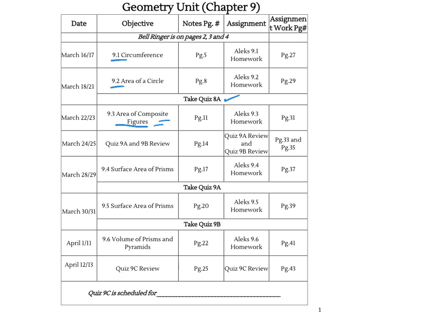After the composite figures, we'll have the review for 9A and 9B. That will be your assignment on the 24th and 25th. Then on the 28th, you'll have the quiz for 9A, which covers circumference and area of a circle.